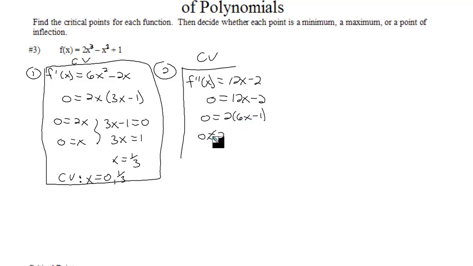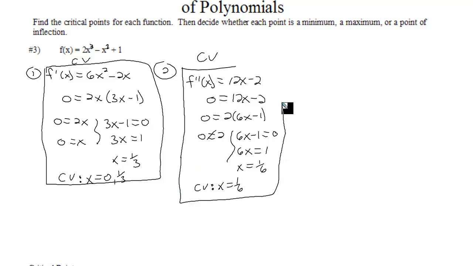Set each factor equal to 0. 0 equals 2? No, it doesn't. 6x minus 1 equals 0. So here we got a critical value of 1/6. We have 3 critical values. That means we're going to have 3 critical points.